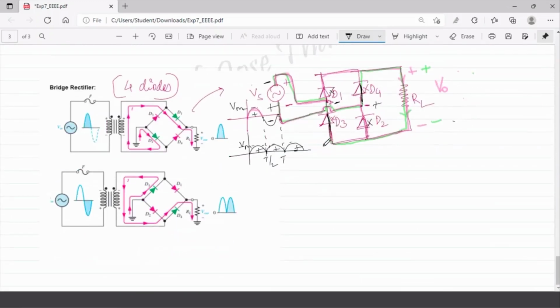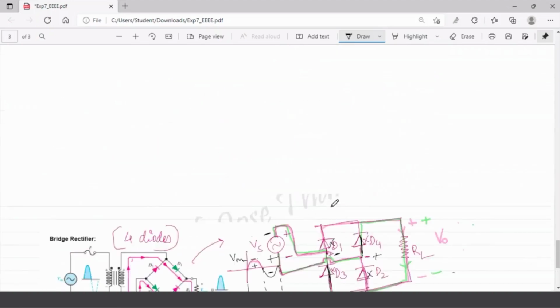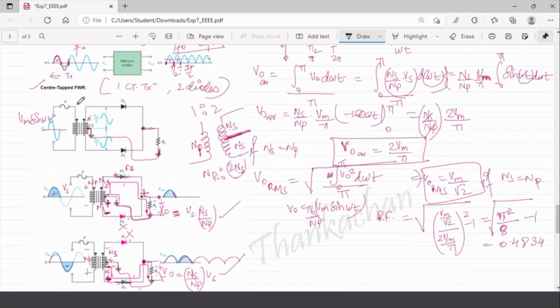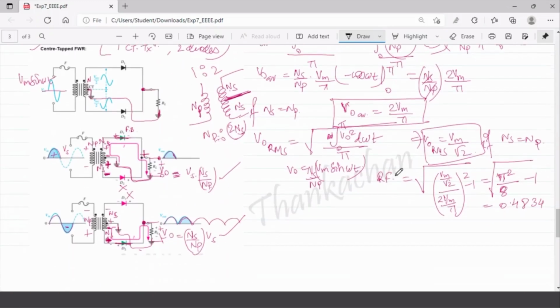Why? Because there is no transformer which is required. So directly here also, once you derive, you can verify by yourself later that output voltage average value comes out to be equal to 2 times Vm divided by pi, similar to that of your previous center tapped case, 2 Vm by pi.